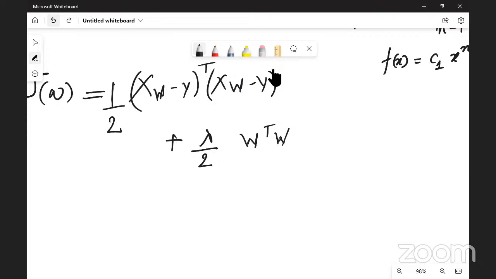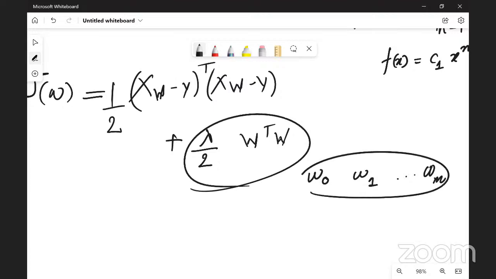By adding this quantity, we are forcing our optimization procedure to not let the individual weight parameters W0, W1 up to Wm acquire large values. So we are forcing these to remain small.